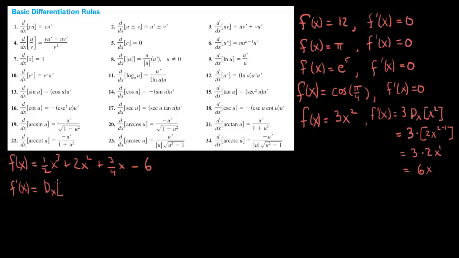the derivative of 1/2 x cubed plus the derivative of 2x squared plus the derivative, again with respect to x, of 3 over 4x minus the derivative of 6.